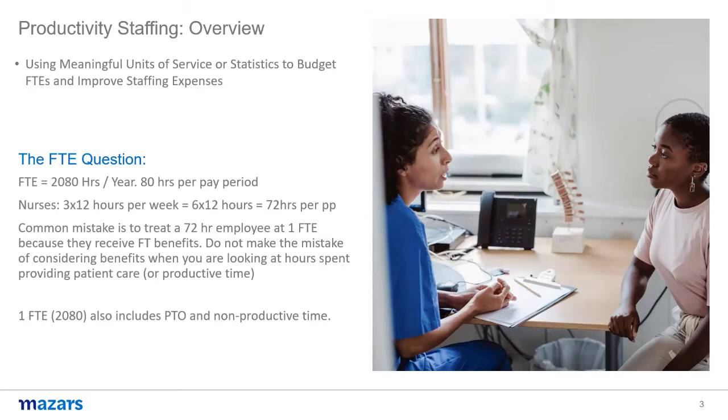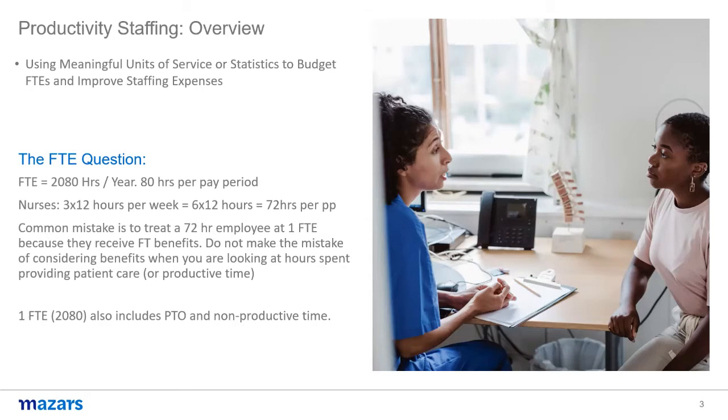So the first thing we've got to cover is what an FTE is. A lot of people look at an FTE and consider one employee as an FTE. That's not always the case. An FTE, full-time employment, is 2,080 hours a year. That's 40 hours per week, 80 hours per pay period over 26 pay periods.